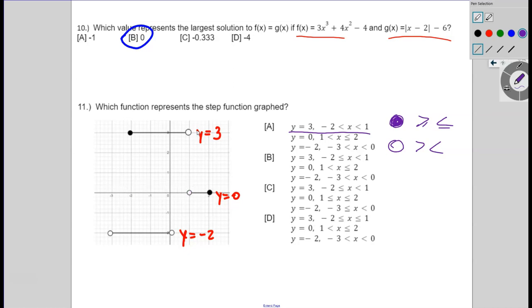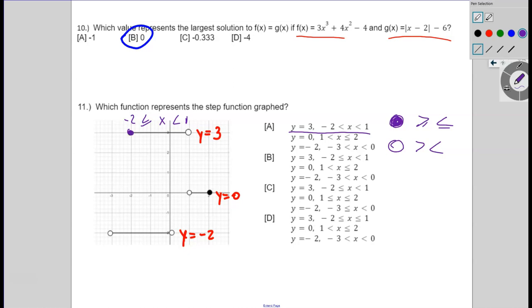Now -2 has a small closed circle, so that means it's going to be less than or equal to x, and 1 has an open circle, so it's going to be less than. Just remember that the key is to make sure they go in the right direction. Both of them are going the same direction, and here is why.